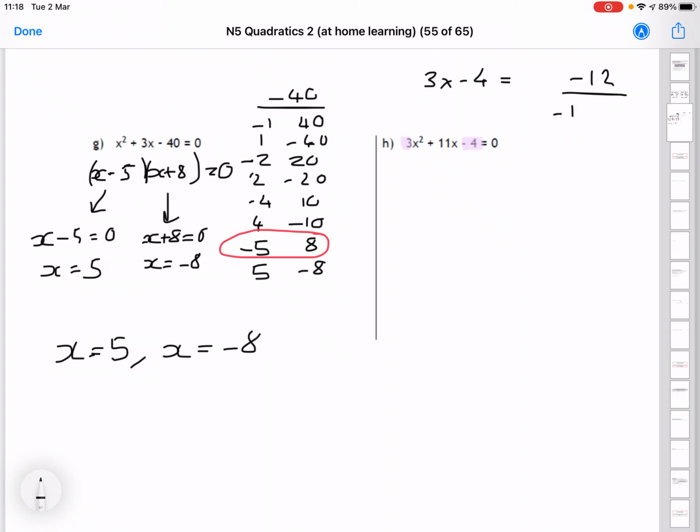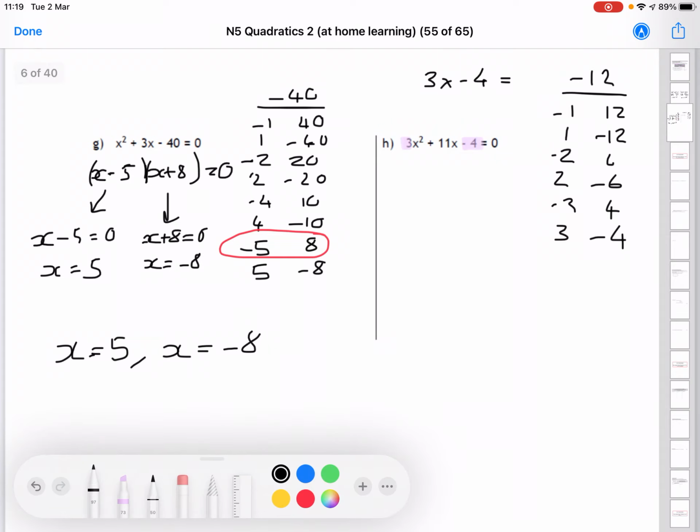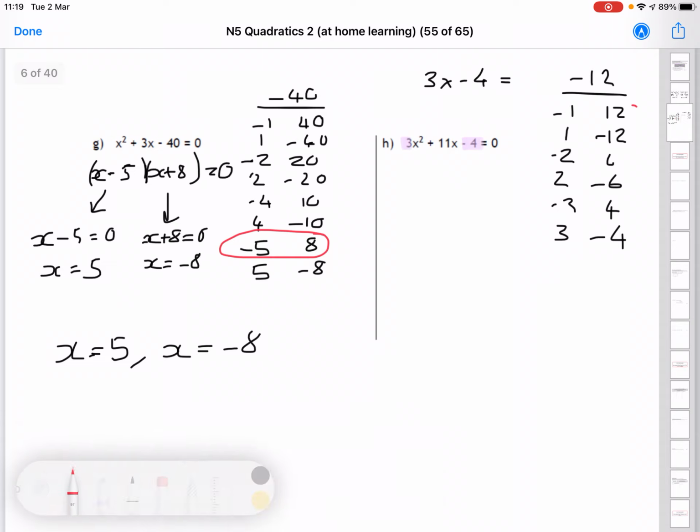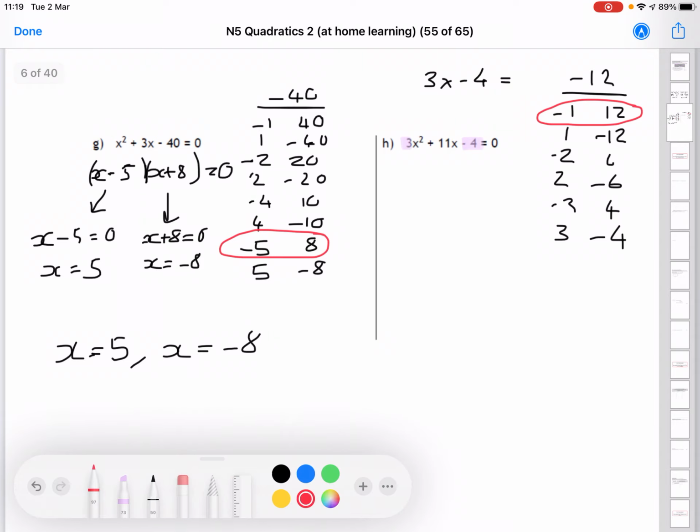So we could have minus 1 and 12, 1 and minus 12, minus 2 and 6, or 2 and minus 6, and minus 3 and 4, or 3 and minus 4. So now we are looking for the pair of numbers that is going to give us plus 11. So for plus 11, that would be minus 1 and 12. Minus 1 and 12 would give us 11.